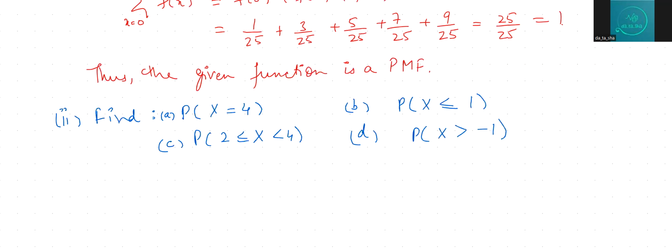So how to find the answer here? Let's consider the first part, that is A.